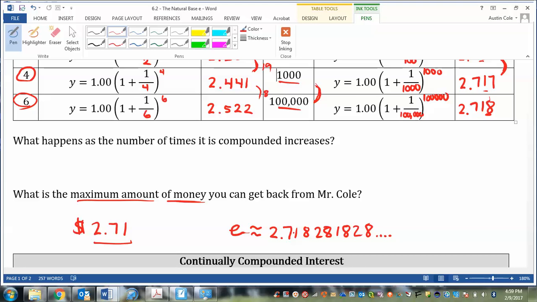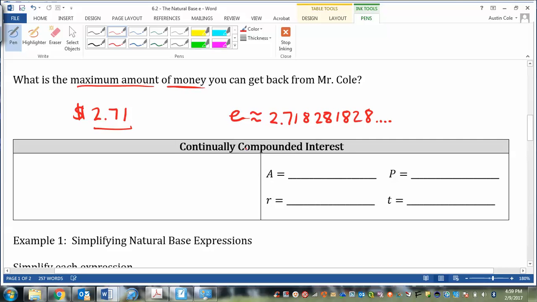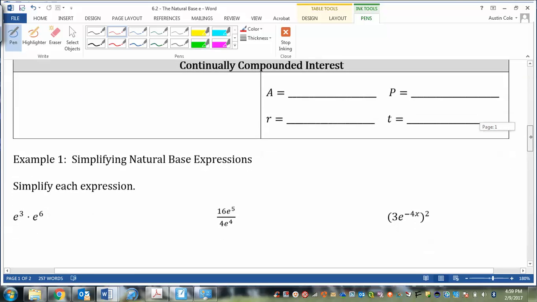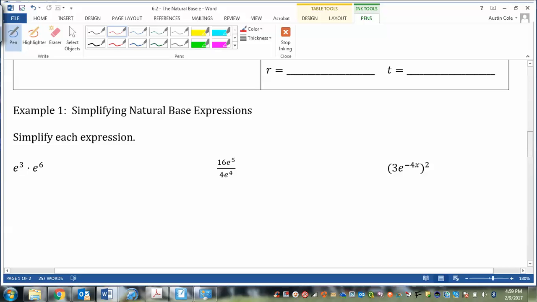Okay, now we're going to talk about compounded interest in a little bit, but let's scroll down here to example 1. Now, e is, again, just this number. It's an irrational number that keeps going on and on forever. Now, one thing we need to understand is we can treat e kind of like a variable. And we're going to do very similar things to e that we would to x.